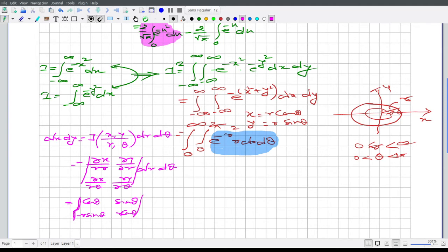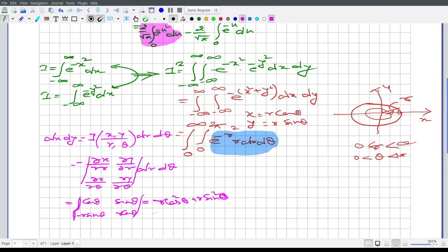This is the determinant form. So it should be r cos square theta plus r sin square theta, okay.